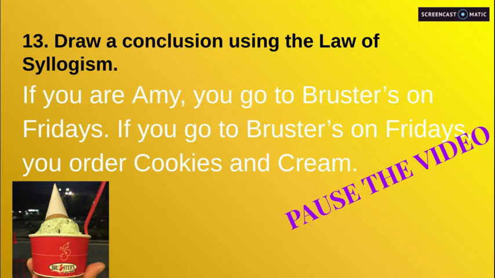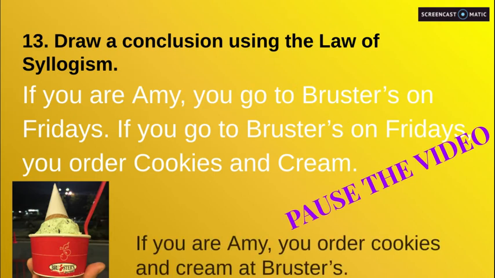So, if these statements go together, the conclusion you could say is, if you're Amy, you order cookies and cream. So, if you are Amy, you go to Brewster's on Fridays. If you go to Brewster's on Fridays, that matches up with the last sentence. So yes, we can conclude that if you're Amy, you order cookies and cream ice cream at Brewster's.